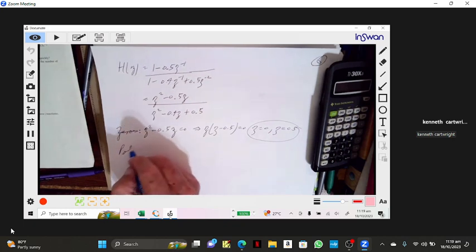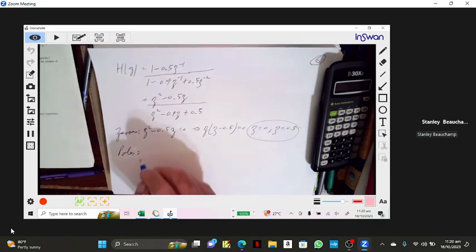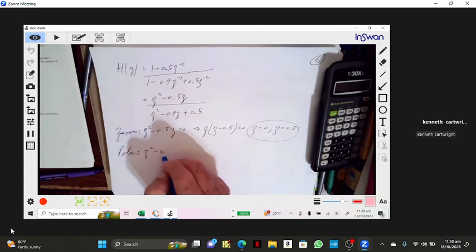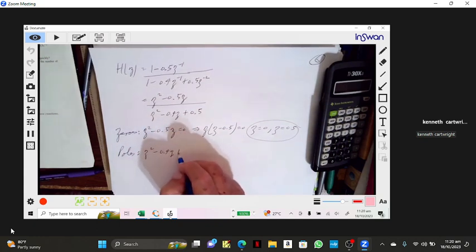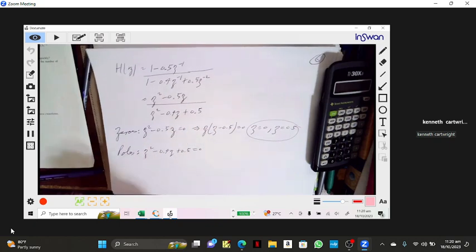Where are your poles? You make the denominator equal to 0. z squared minus 0.4z plus 0.5 equals 0. So what are your answers?